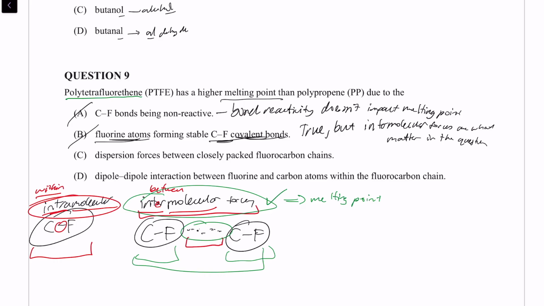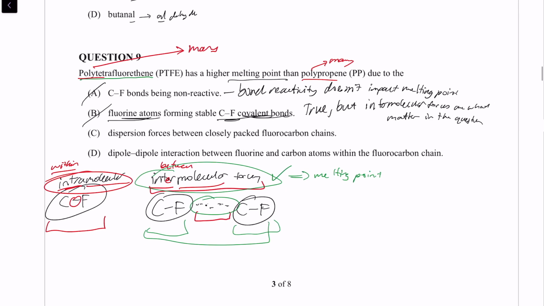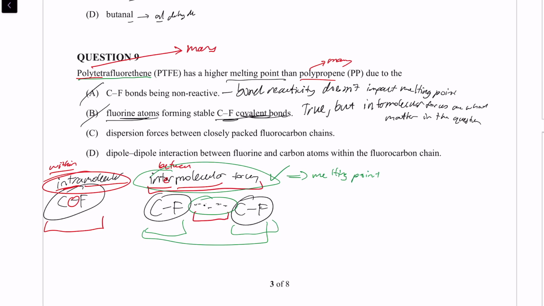Okay, especially because we have this tetrafluoroethene structure, poly referring to many. So if we want to figure out why a poly versus another poly, which is also many, has a higher melting point, well, we can see this one right here.